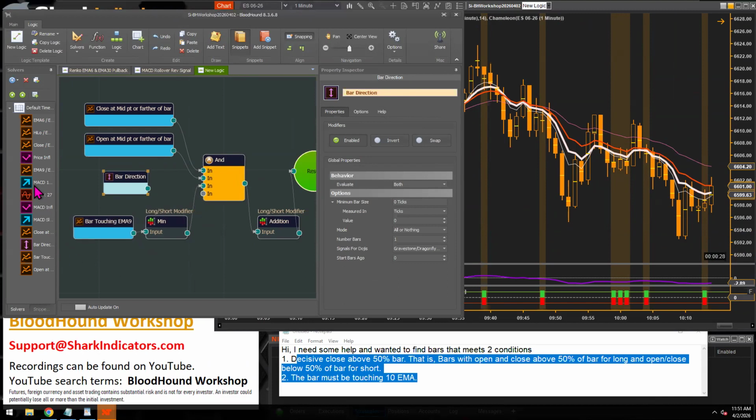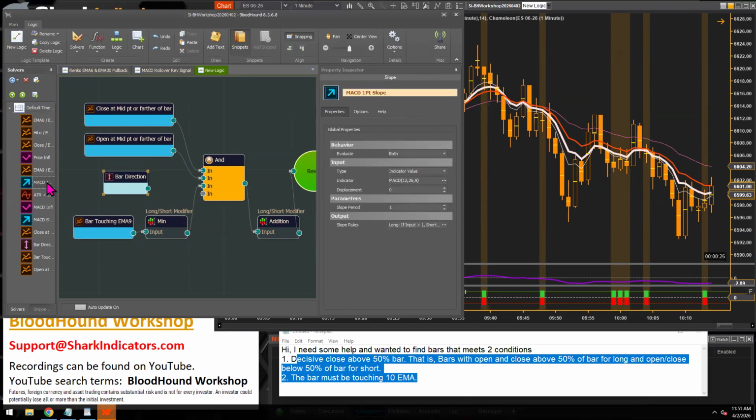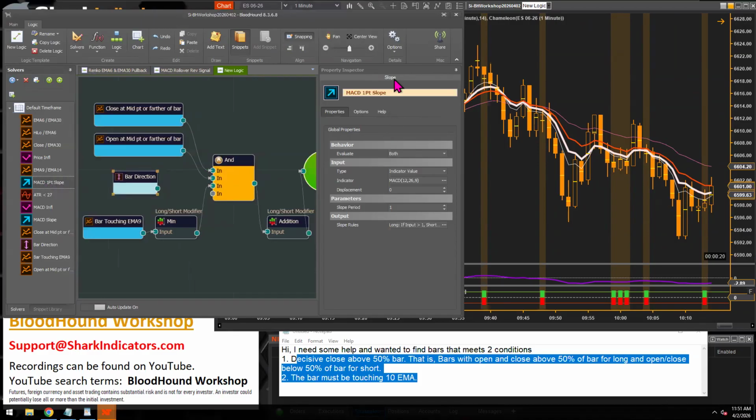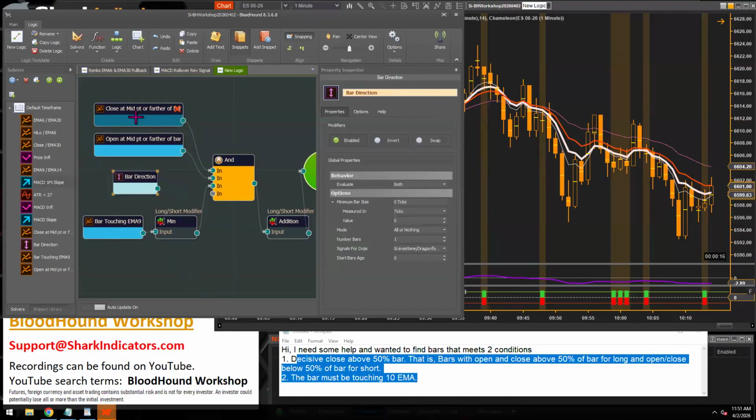If I click on a slope solver and drag this out, that's a slope solver. It says slope up top there. So these are all comparison solvers, because everything here has a comparison.